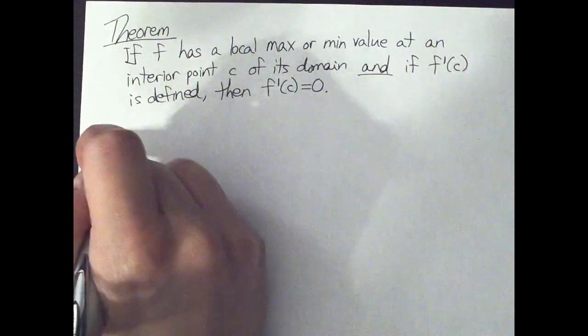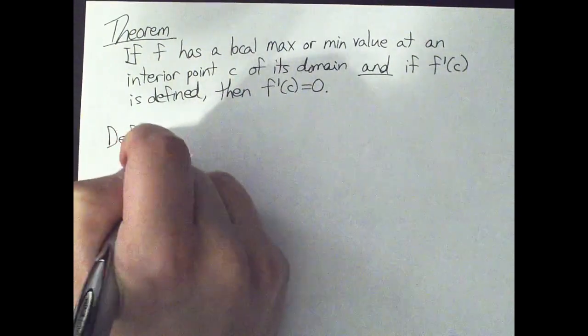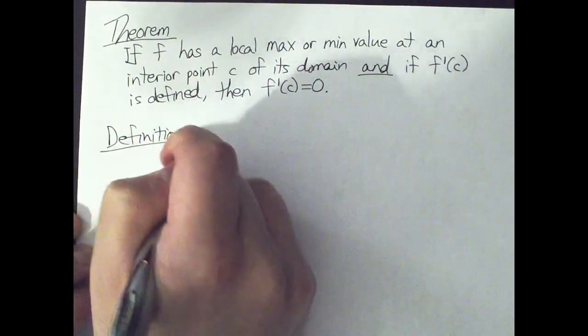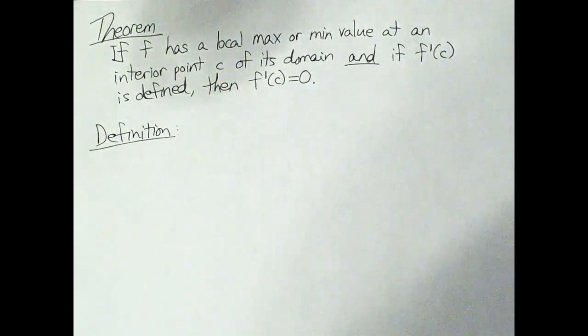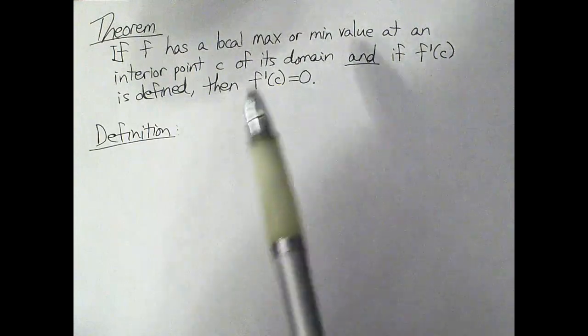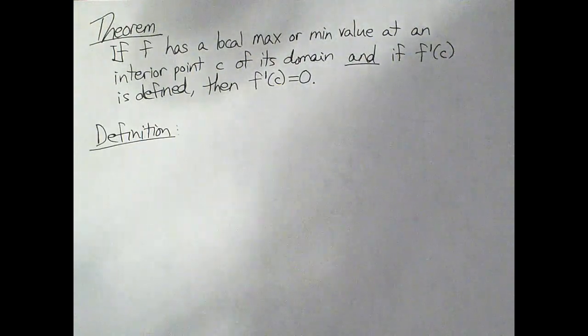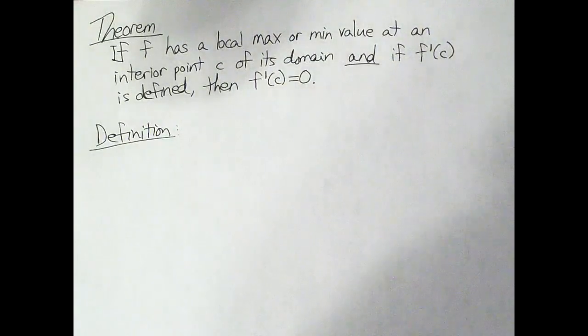Okay, so we have a theorem now. This theorem is good because it seems like maybe if we find all the places where the derivative equals 0, it doesn't necessarily mean that we are finding the locations of extrema.